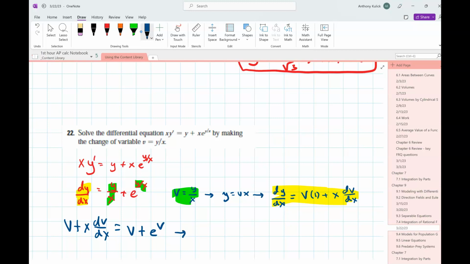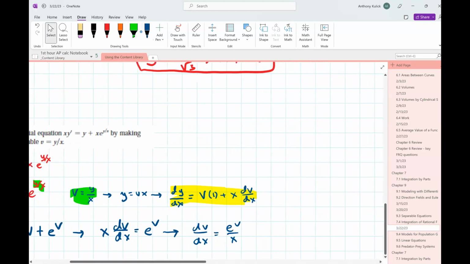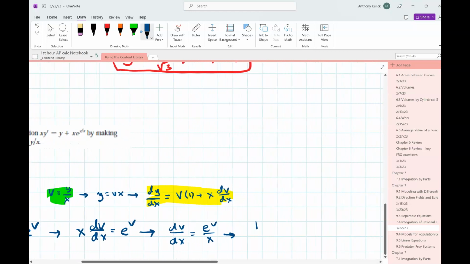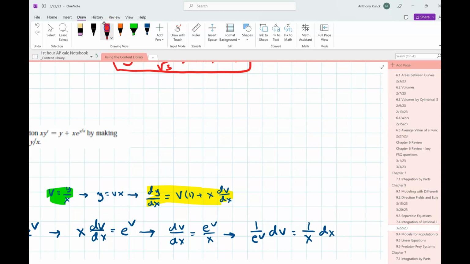So if I subtract v from both sides, and now we're good. So I can divide both sides by x, and then divide both sides by e to the v, and multiply both sides by dx. And now we can integrate.